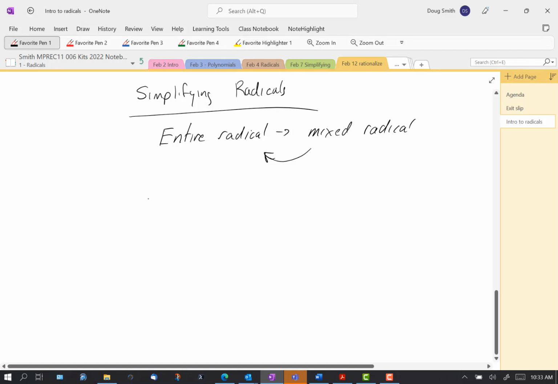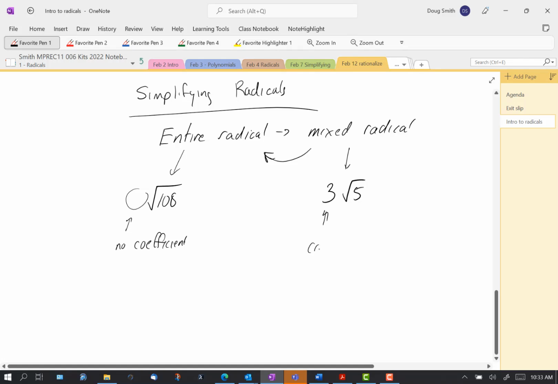So an entire radical would be something where we have just one radical sign and there's no coefficient. On the other hand, a mixed radical would look like this. So that's an entire radical. A mixed radical would look like maybe something like this, 3 root 5.